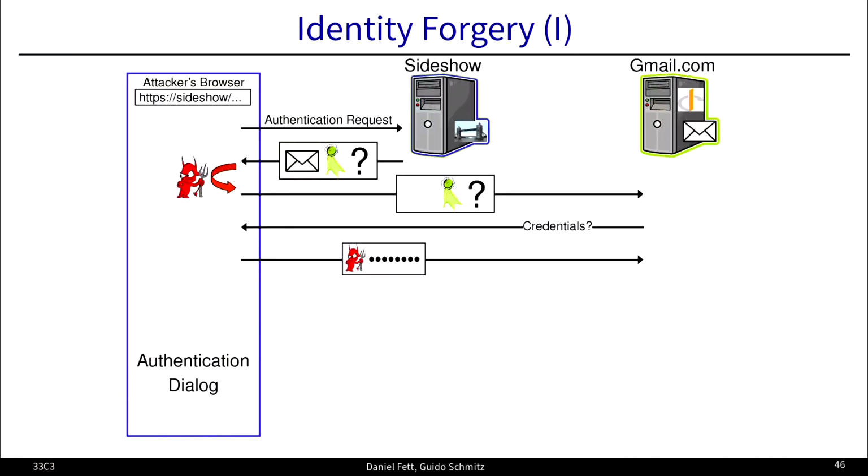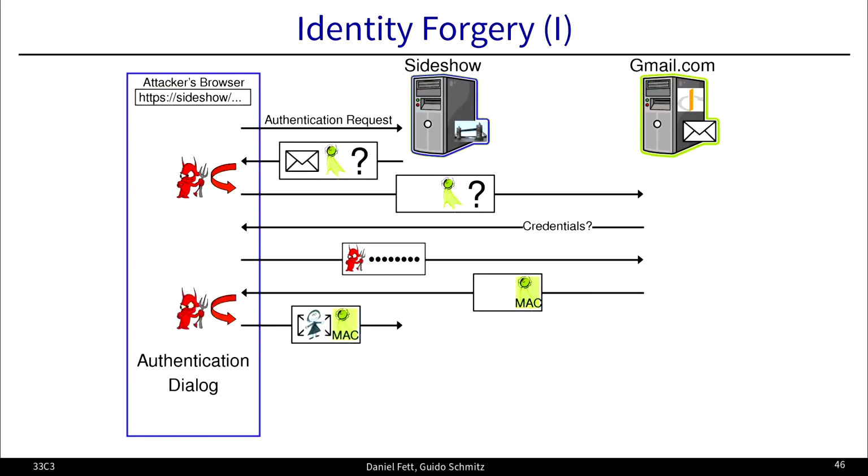The attacker doesn't have Alice's user data, so the attacker just logs in with his own credentials. And now Gmail creates an OpenID assertion containing the signed attribute which was requested, which was none. So essentially the document is empty, at least it is without any email address.